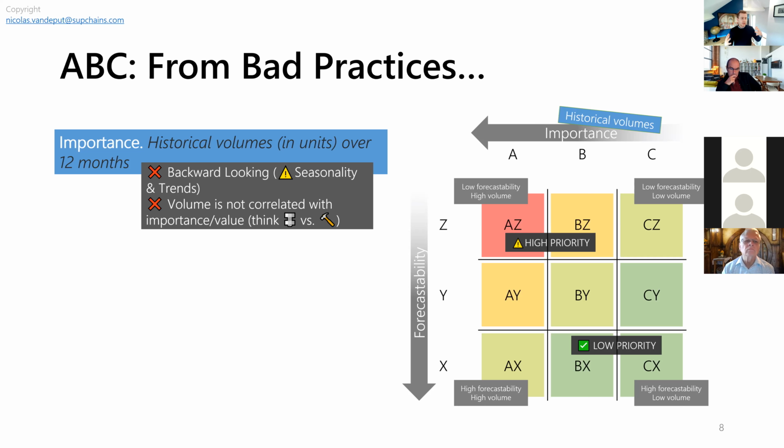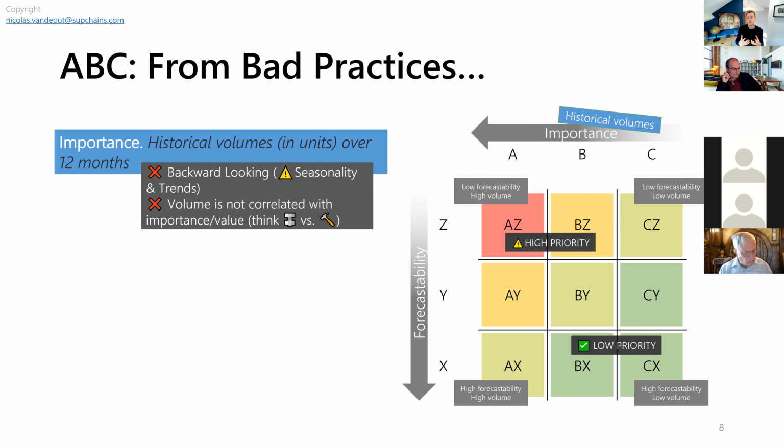Some of you work in supply chain where most of the products have more or less the same kind of value. And I know that some other people work in supply chain where you have some very low value products and some very high value products. I always like to bring the example of selling hammers and nails. The issue of using volumes in units is that you're not comparing apples to apples, right?